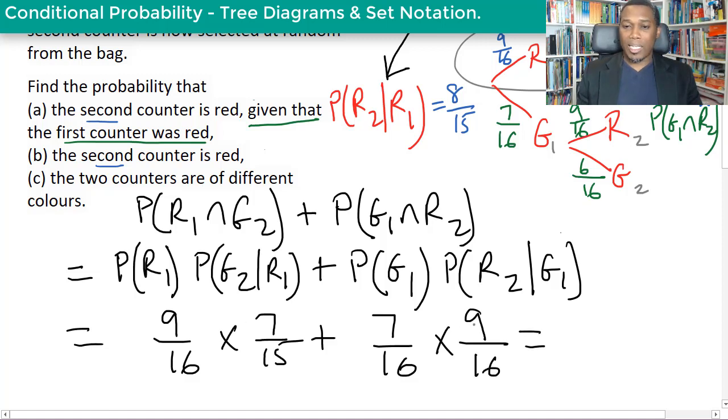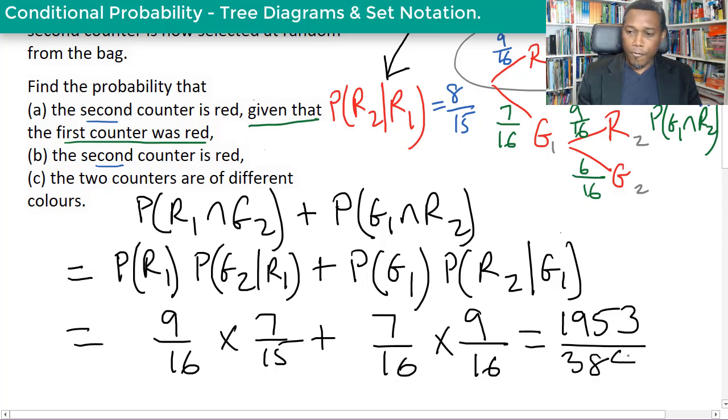That's the multiplication we have there, and that's what you want to work out. Doing that, you should get 1,953 on 3,840.